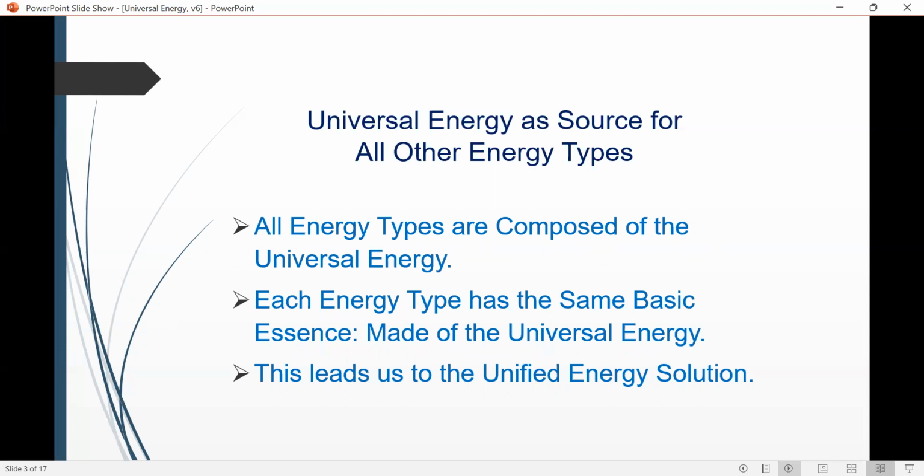And these little packets are the types of energy, okay? So the universal energy is the essence for all the other types of energies. Stated the other way, all the other types of energies are composed of the same essence, which is the universal energy.